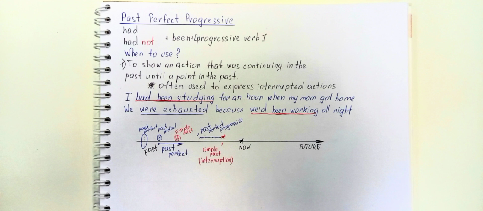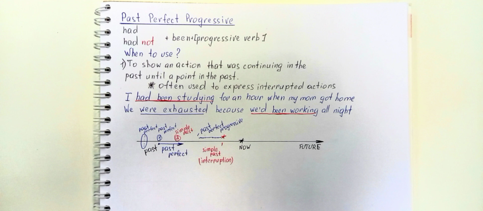But we want to emphasize a continuing action. So here I have past tense: we were exhausted. Exhausted means very tired. We were exhausted because we had been working all night. Please be careful with this part, a good note here.